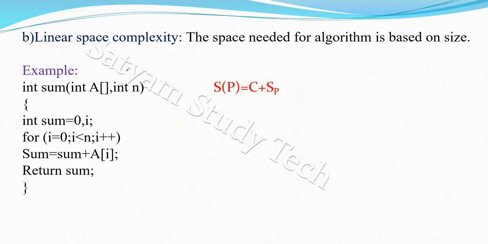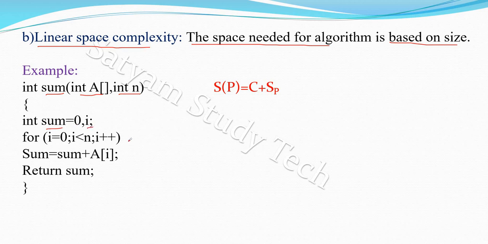Now we can see the linear space complexity, the second type. Here the space needed by the algorithm depends on the input size. This is the algorithm sum, with an array, the size of the array, and the variables sum and i.